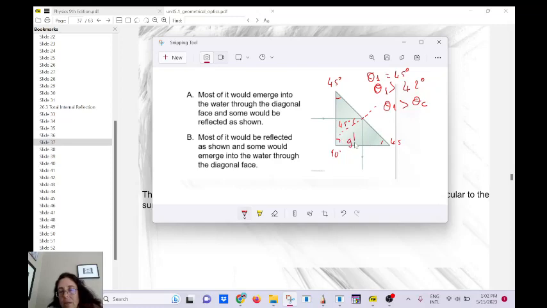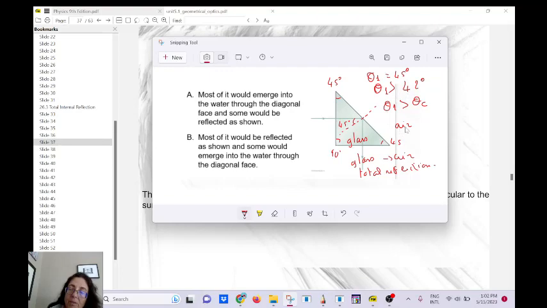So if you have glass and air, glass to air is trapped. Okay, it cannot escape. It's a total reflection. There is no refraction because the angle here is 45, which is larger than the critical angle.